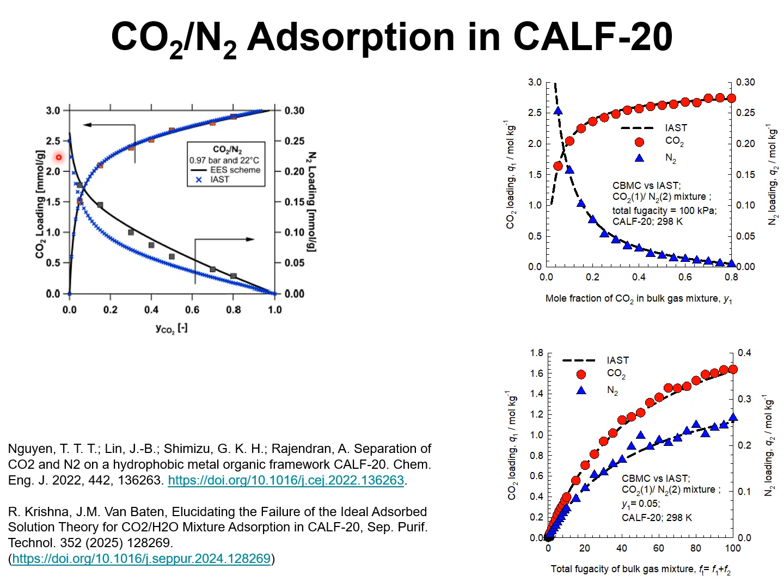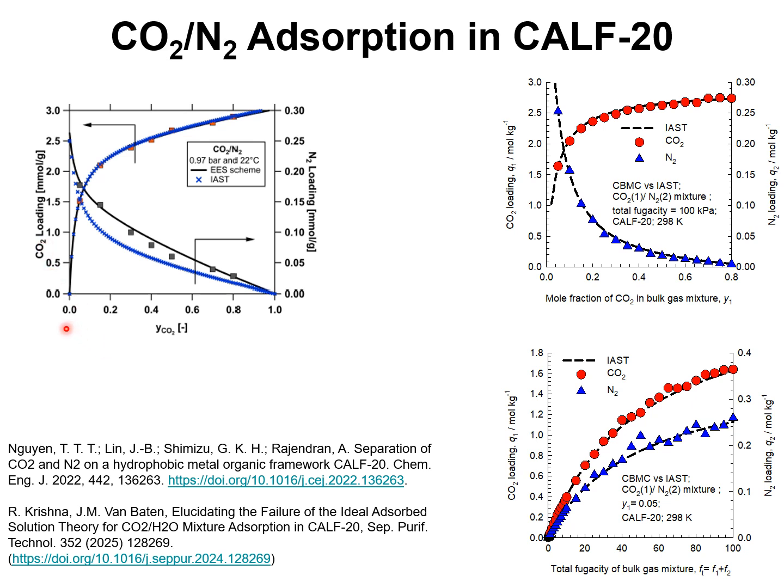And the experimental data for mixture adsorption are shown by the red squares for CO2, black squares for nitrogen. The nitrogen scale is on the right axis. The CO2 scale is on the left y-axis.